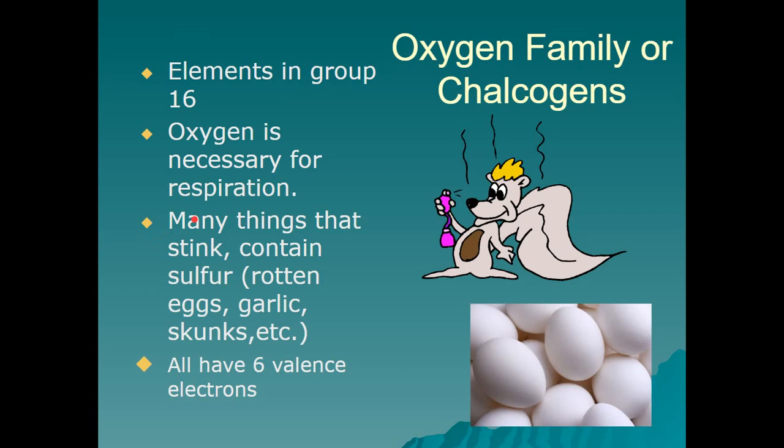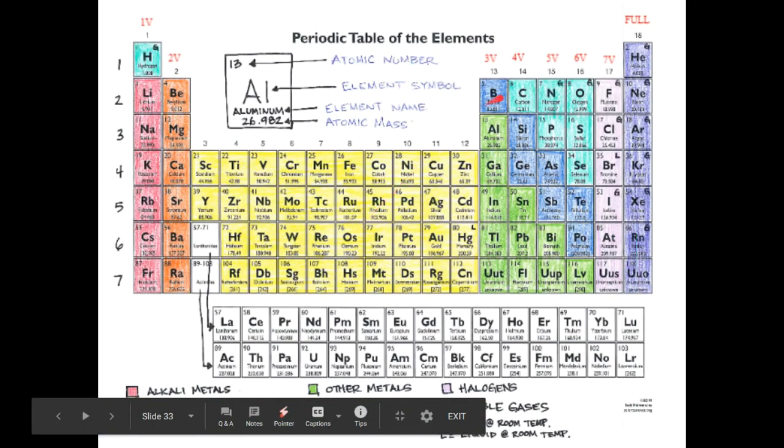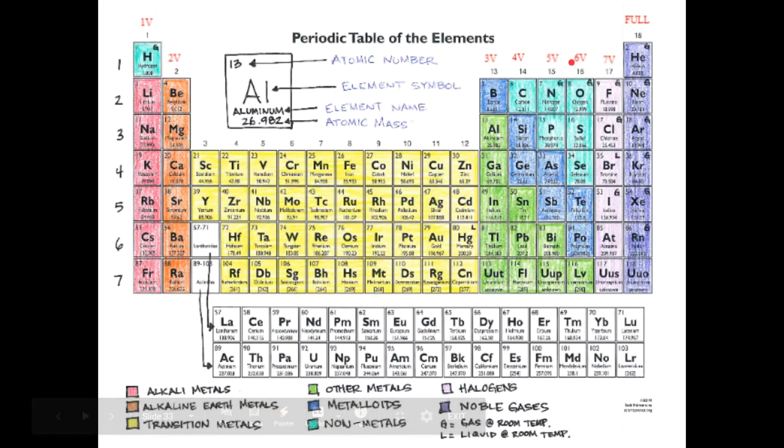Everyone in the oxygen family, or group 16, has 6 valence electrons. So here we are, 6 valence electrons, group 16, the oxygen family or chalcogens right here.